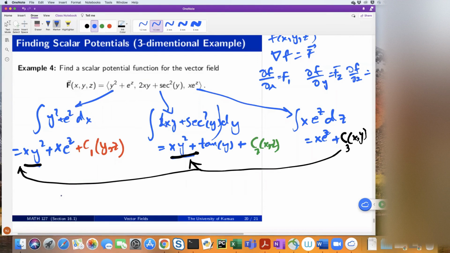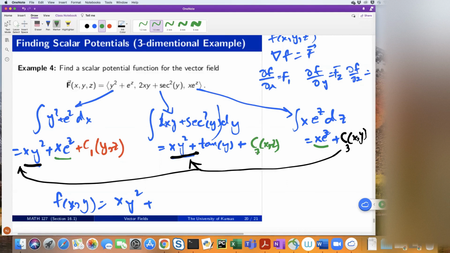So I can start writing this out. I can write f of x, y, and z. This xy squared is showing up everywhere. And then let's look at the other things that are showing up. There's one more common item. What is that? These two are showing up in two of these, x e to the z, x e to the z.